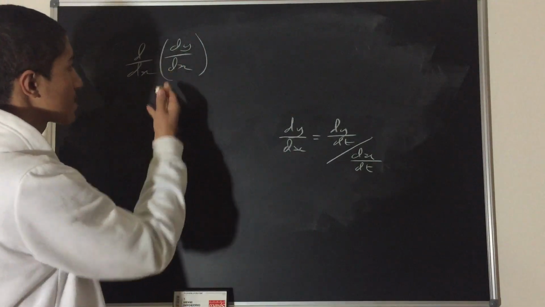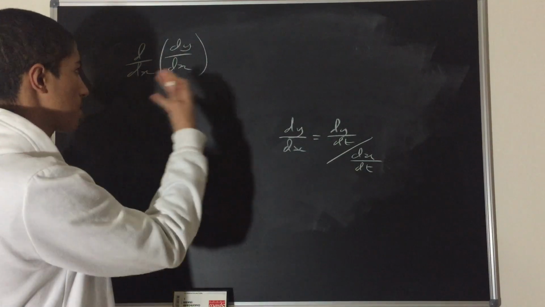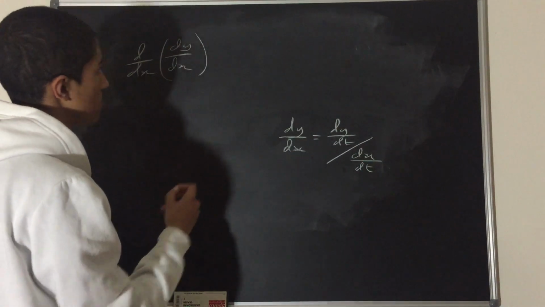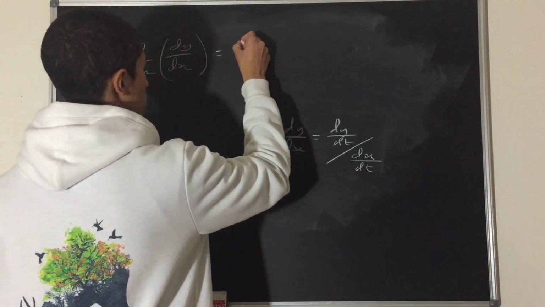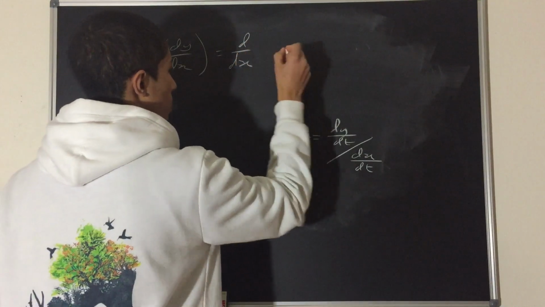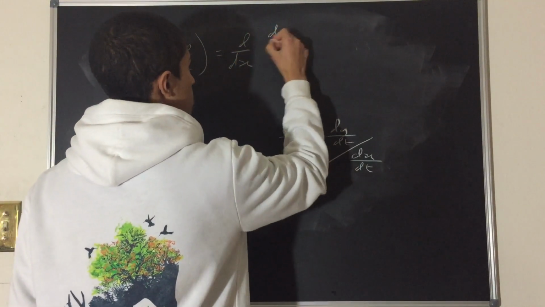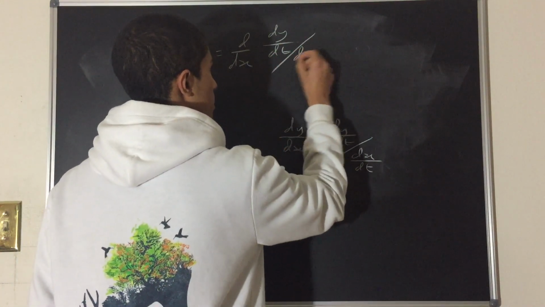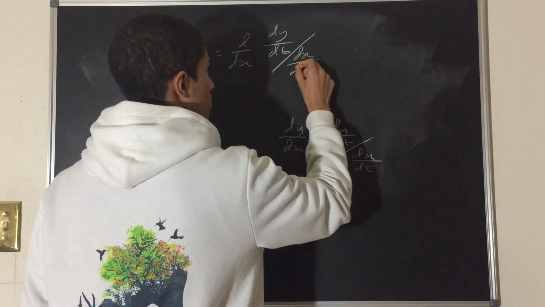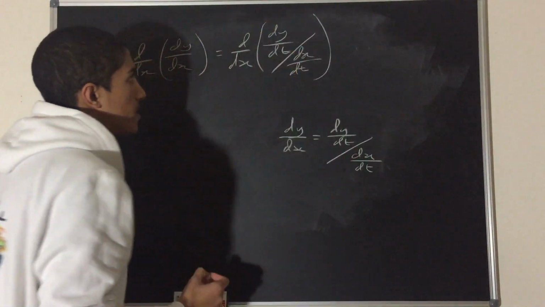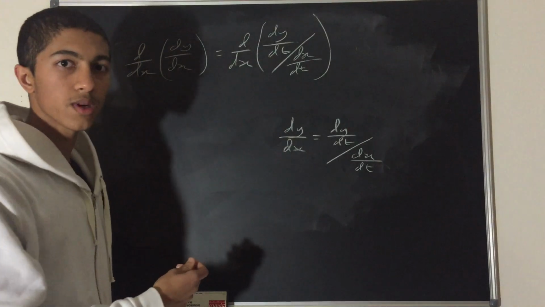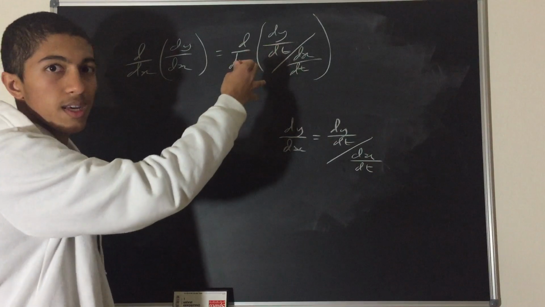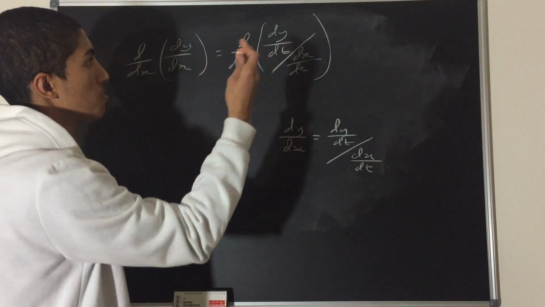That's in normal functional notation, but if I'm trying to do parametrics, I can take this definition and plug it in for dy by dx. So then I end up with this is equal to d by dx of dy by dt, all of that divided by dx by dt.